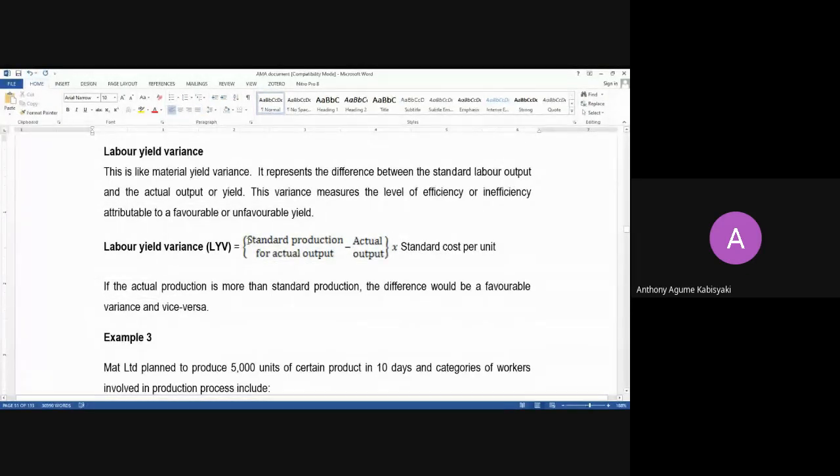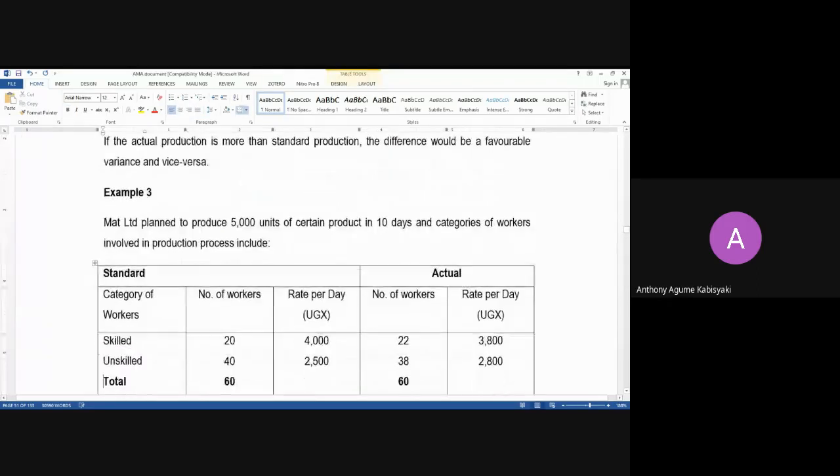Labor yield variance is got by standard yield, for I think this one I've already done. So let's look at this example 3. My focus is going to be on labor mix and labor yield. I will just show you how to compute the other variances, but my focus is going to be on labor yield and labor mix.